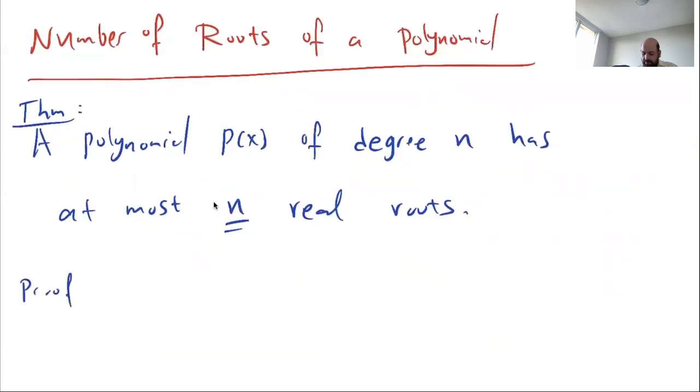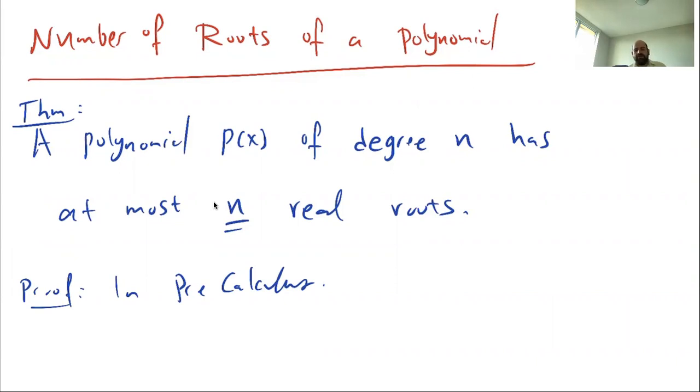The proof of this is in a pre-calculus course. When you look at a polynomial as a standard concept, a polynomial of degree n has at most n real roots.